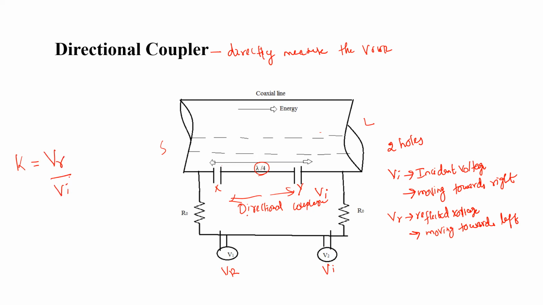After finding the value of K, we can measure the voltage standing wave ratio by making use of the relation between VSWR and the reflection coefficient, which is 1 plus K by 1 minus K. In this way, using a directional coupler, we can directly measure the value of voltage standing wave ratio. Thank you.